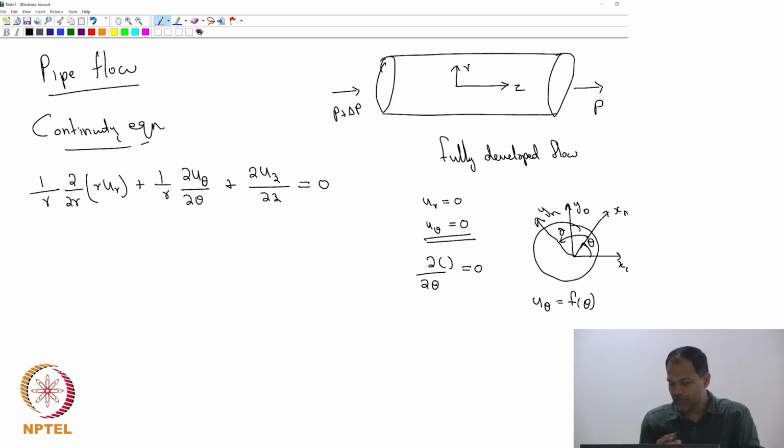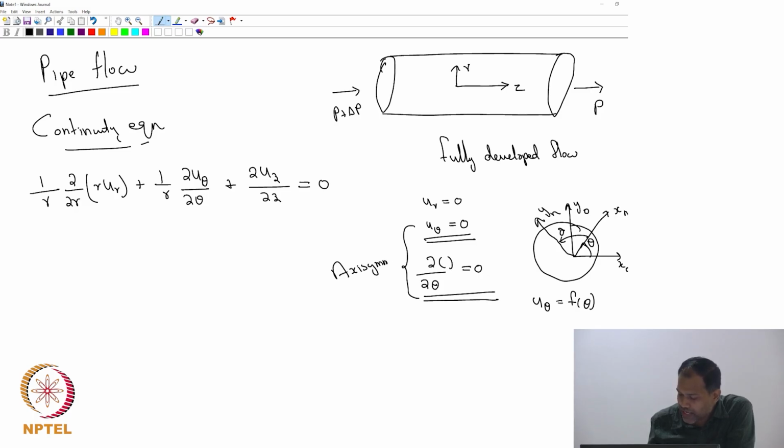Therefore you are going to assume that del by del theta of anything is also going to be 0. These two assumptions are known as axisymmetric. So we are essentially assuming that flow is axisymmetric, meaning that around the z axis, the flow is symmetric.